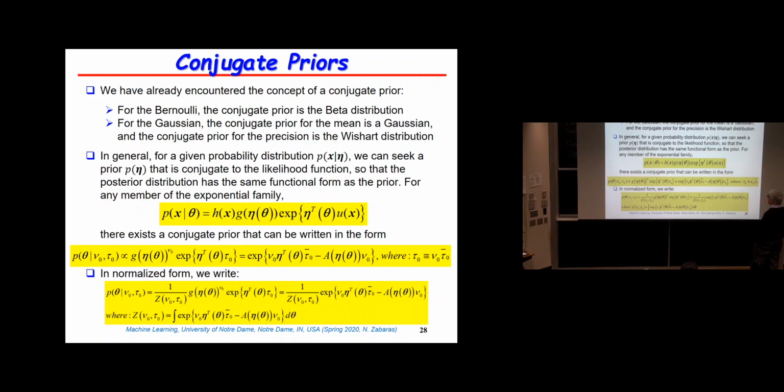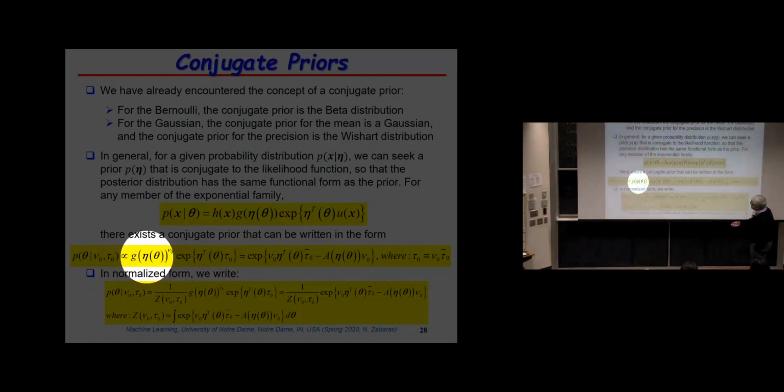And if there was, you remember, also another factor here that I put things in proportional, and if I bring this factor in, effectively I can, you remember this form, right? If I want to write this with the A term, I'm going to have exponential of eta transpose u minus what?